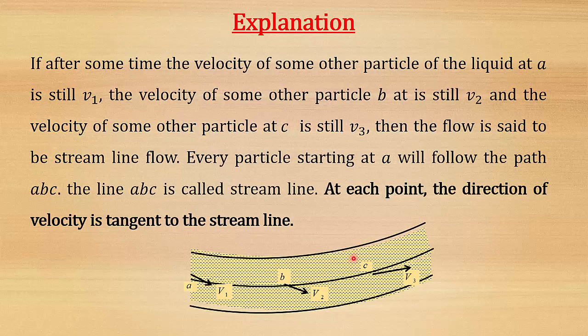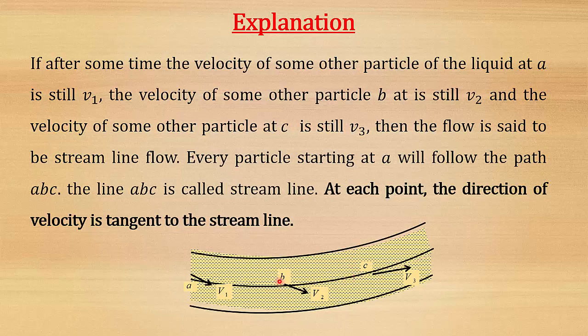Remember, if at this point the velocity is 5 meters per second, it remains constant. At point B, if its velocity is 3 meters per second, and at point C it is 2 meters per second, these values remain constant after some time also. Then we can call it a streamline flow.